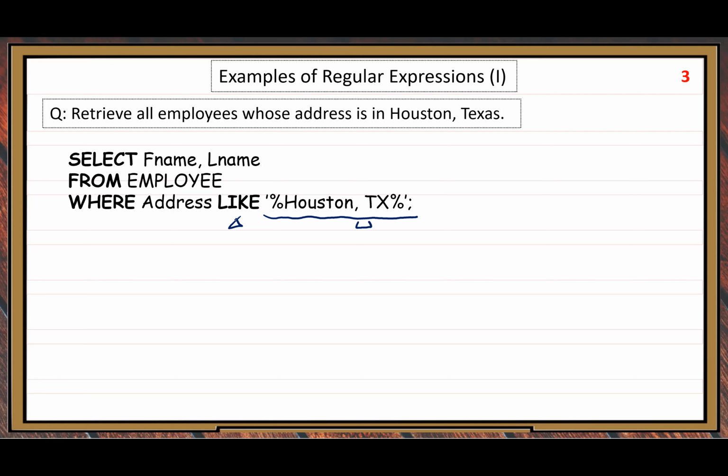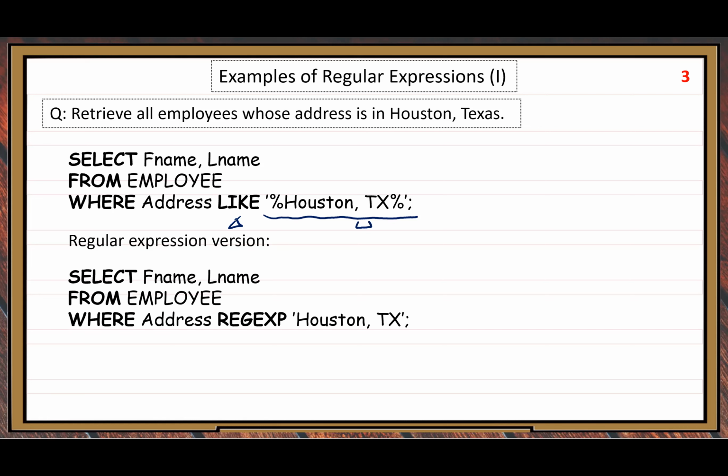Now let us look at the regular expression version. Because of the characters before Houston, if we do not say anything, that means anything can appear before Houston.